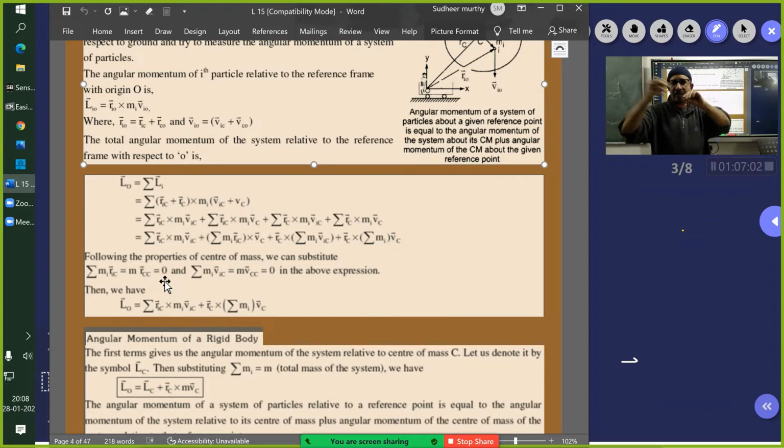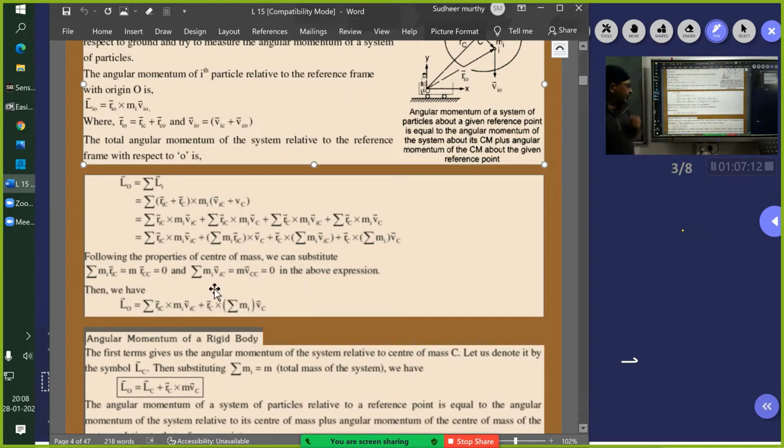If you see a particle with respect to the center of mass at this proximity, then you will have a corresponding particle in the opposite direction. So summation MI RIC is equal to 0, and summation MI VIC is also 0, because the summation of all the moments of the particles about the center of mass is 0. So these two will go to 0.